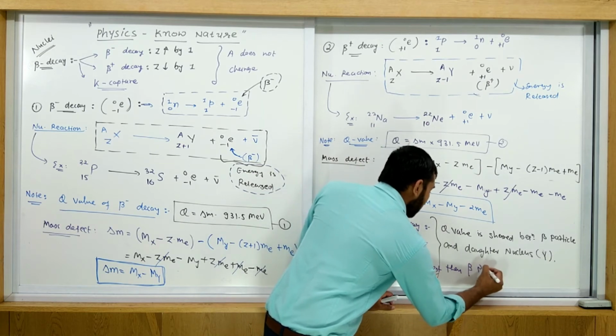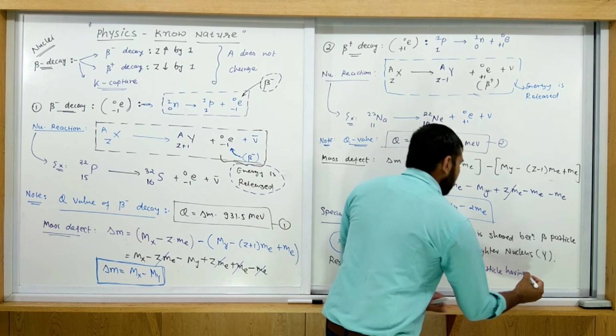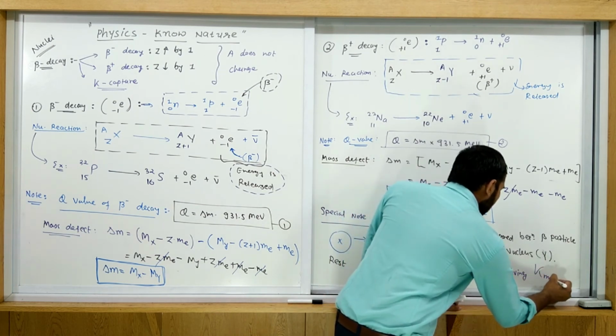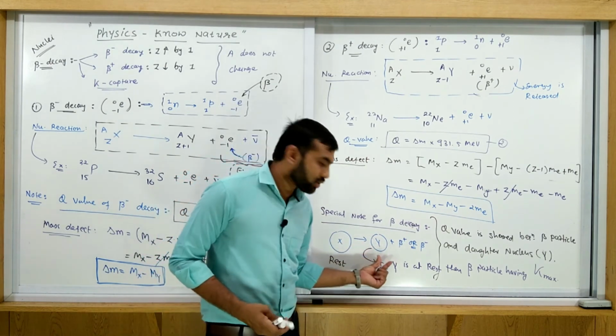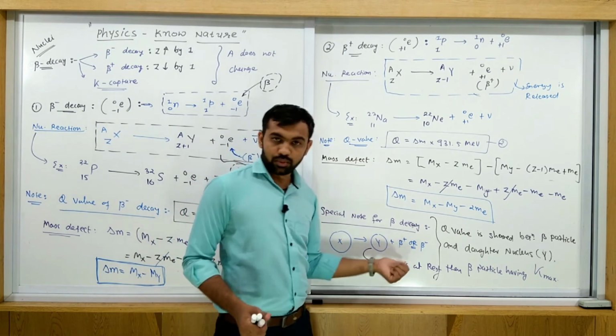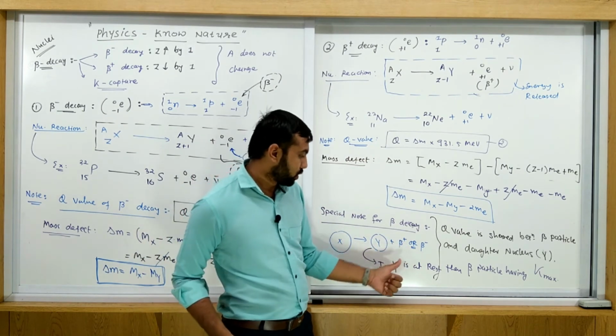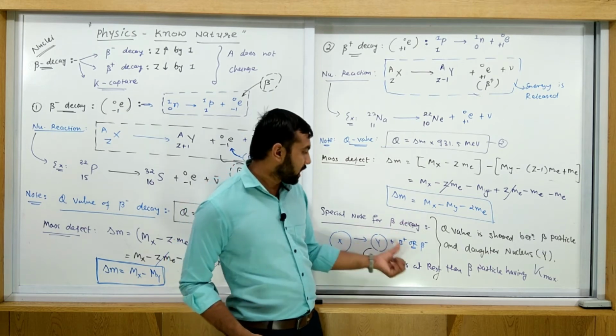Why? Because if Y is also moving and beta is also moving, then the Q value is shared between these two. Some of this energy is gained by Y, and some by the beta.